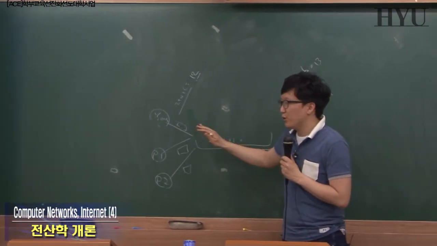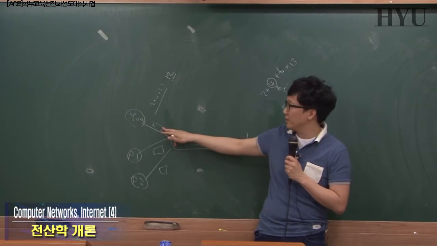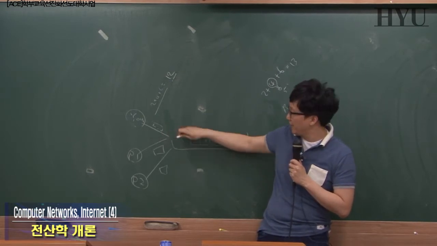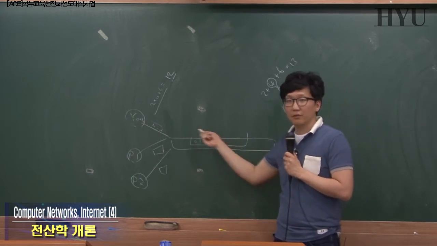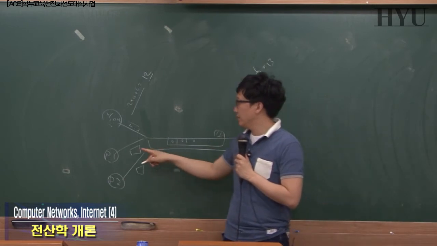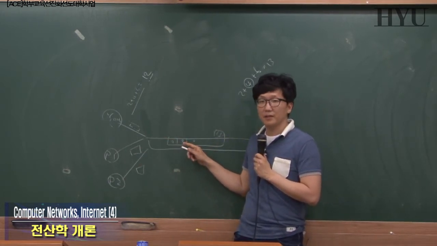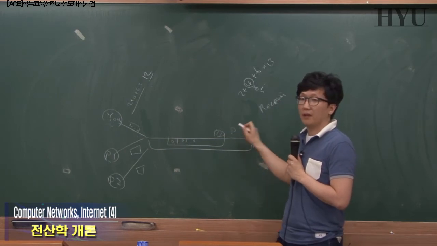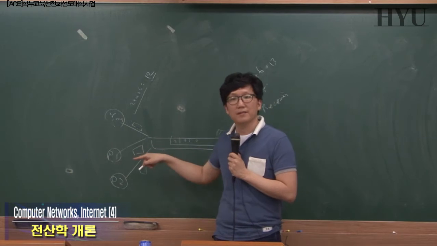I don't know when this guy will send his packet, so just let them be. You send a packet and if this link, this cable, is free, then it will go through. If this one tries to send their own packets, if this is empty, it will go through. What if both of them try to send packets at the same time?